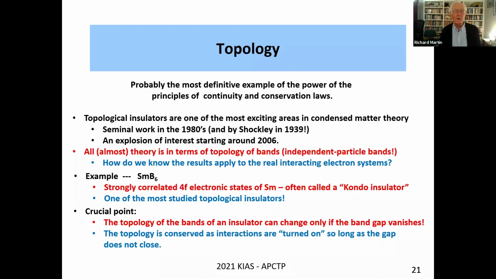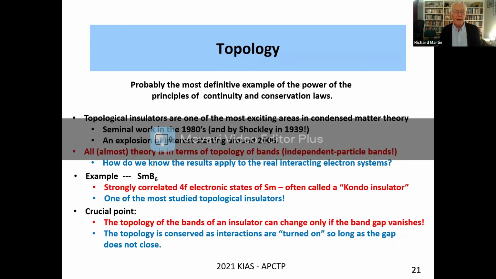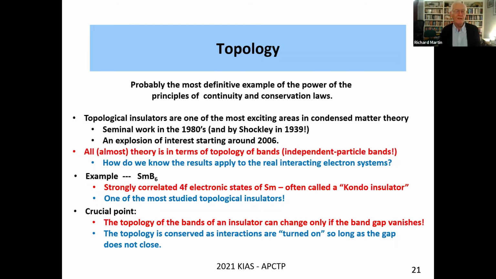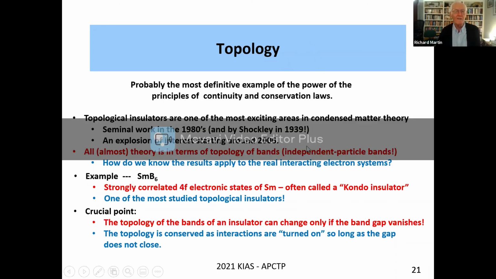It has a very small gap, and that comes about because of the hybridization of some very localized f electrons with the d band electrons. And it's one of the most studied topological insulators because it has some very nice properties. But how in the world could you expect that the theory that involves independent electrons could actually be applied to samarium hexaboride?